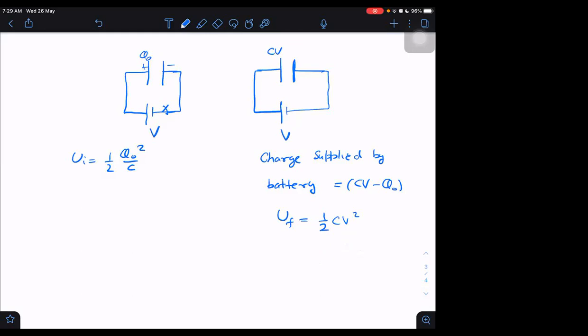Now, the equation: work done by battery is equal to delta U plus H. What is the change?